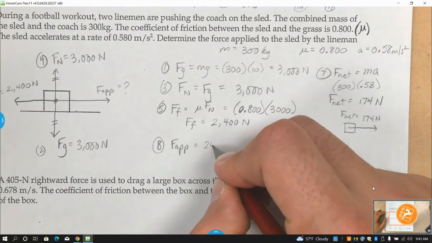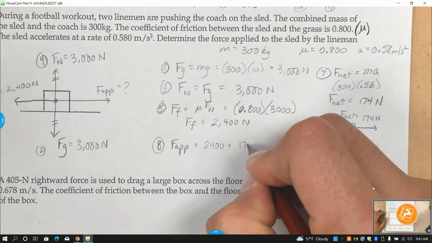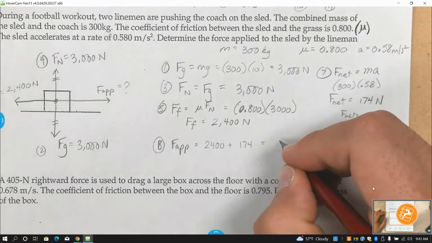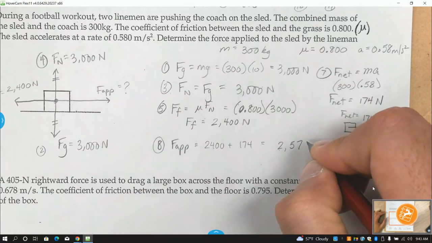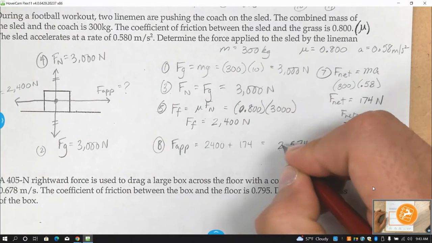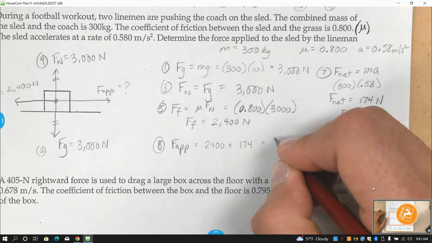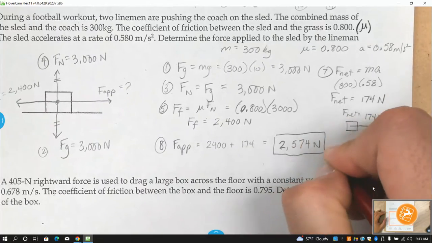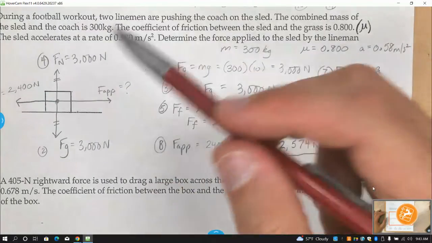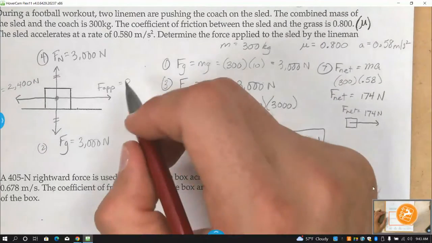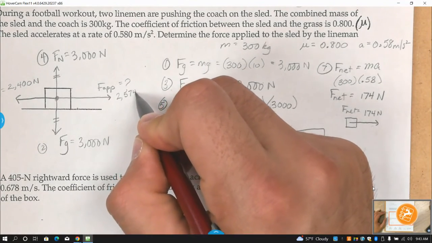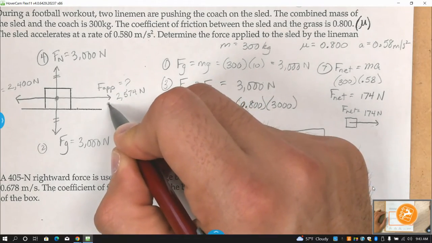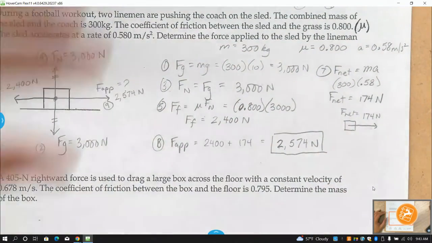So we were just taking our 2400 plus 174, and you're going to get 2,574 newtons. That would be what my applied force is, and then I would just ask that you draw that in. And that would be your little 9th step there.